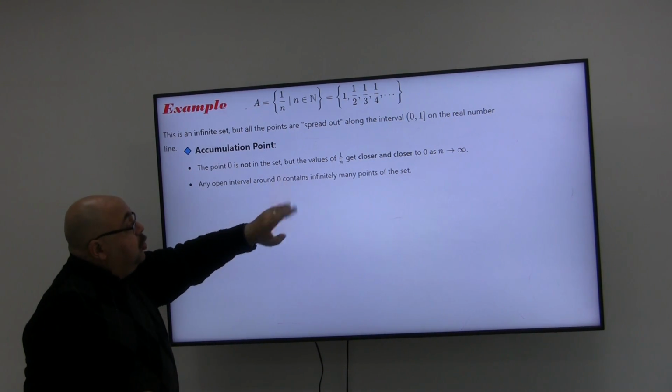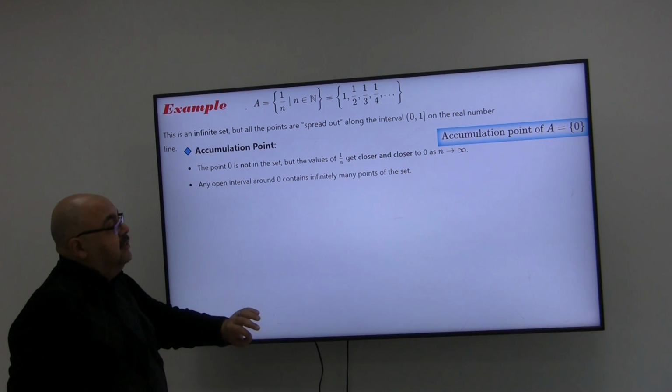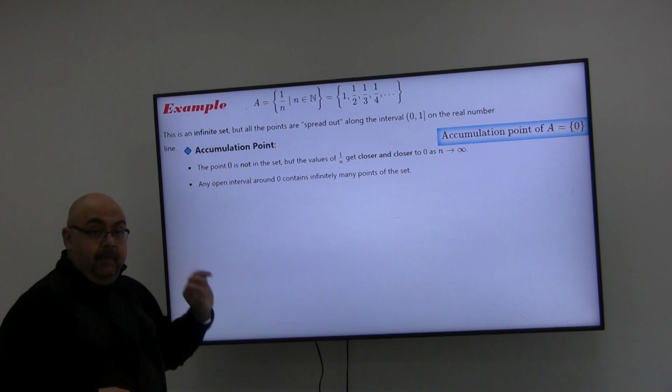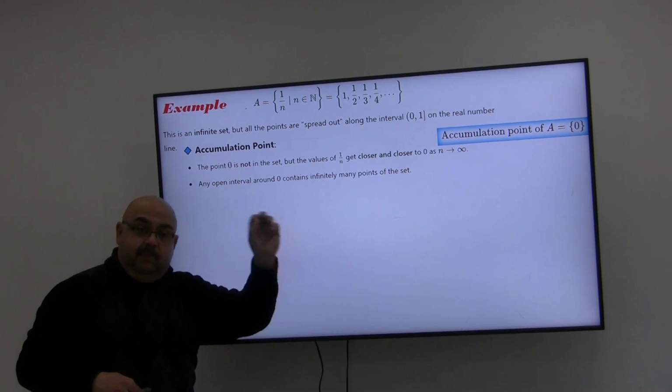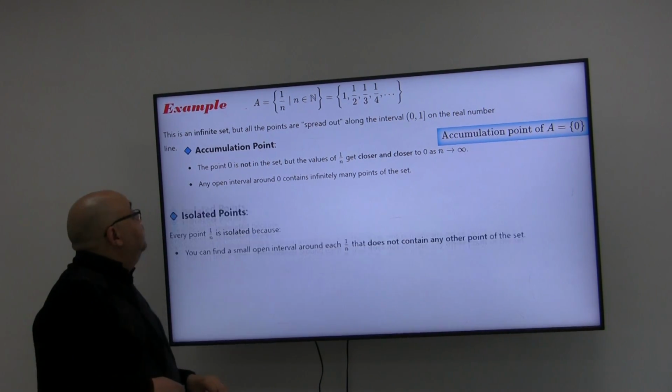The values of all of them get closer to 0, so you can find an open ball around 0 where you will find elements other than 0 belonging to this set.